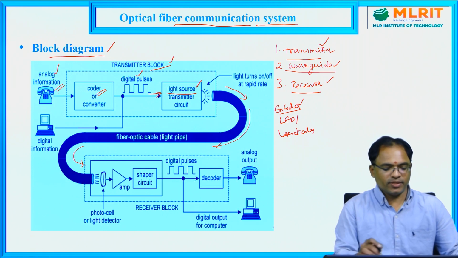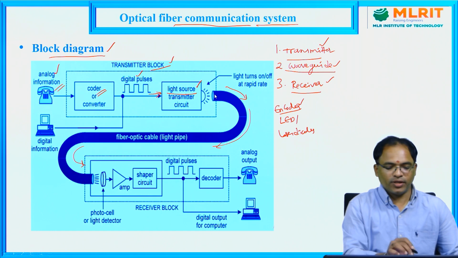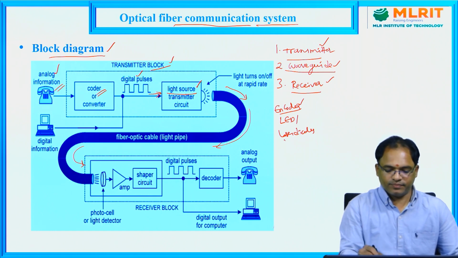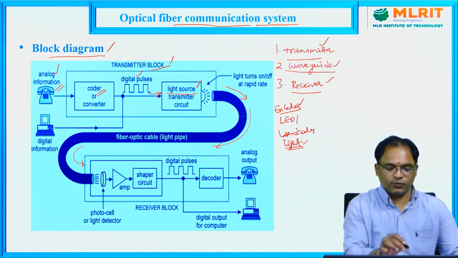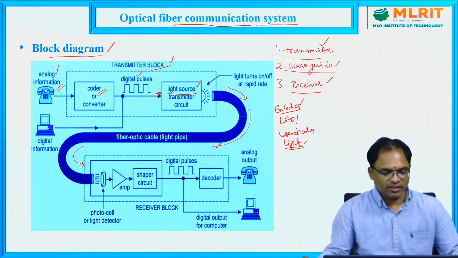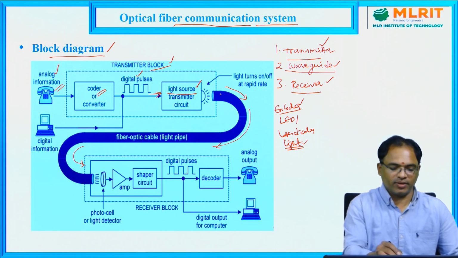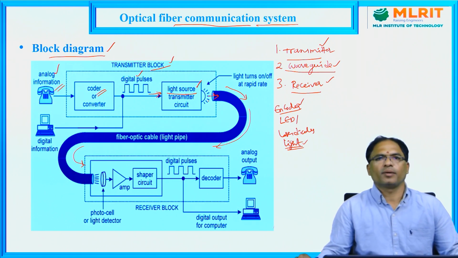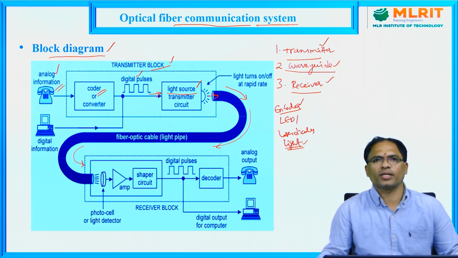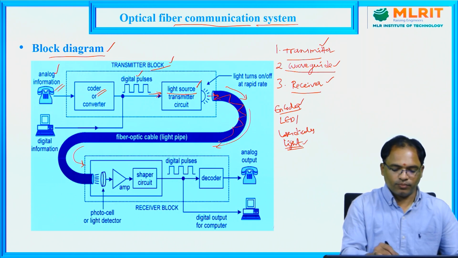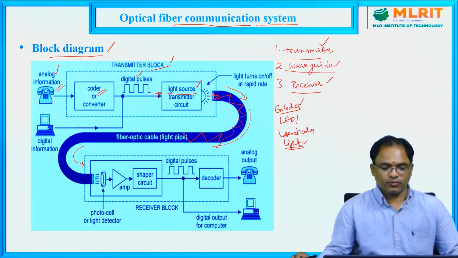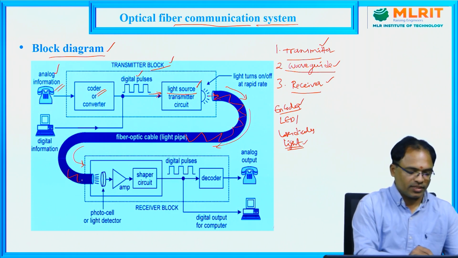So the information is finally converted into light with the help of this light source. This information in the form of light is fed into the optical fiber. As we discussed earlier, by the process called total internal reflection, it carries the information through its core, and finally the information is received at the receiver.